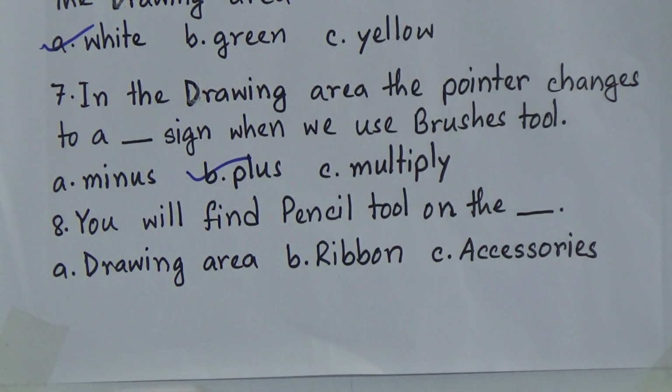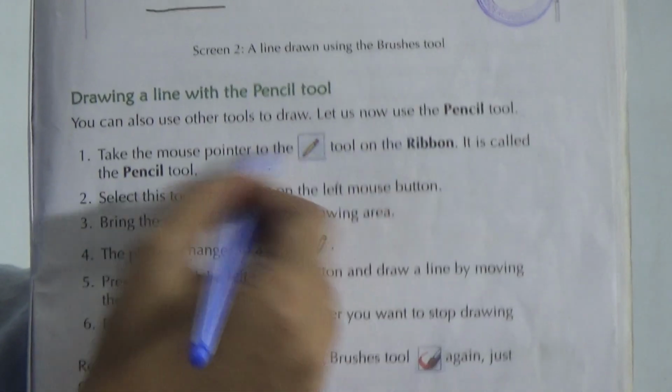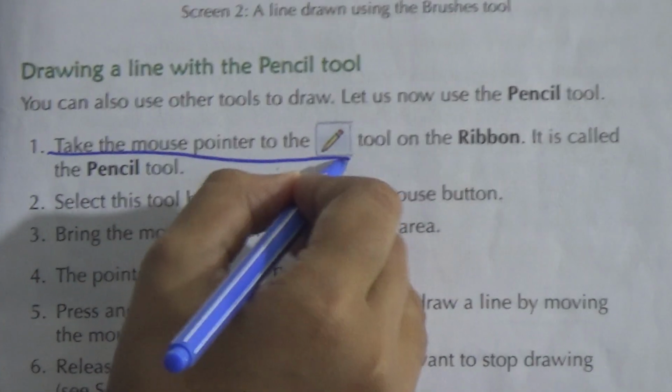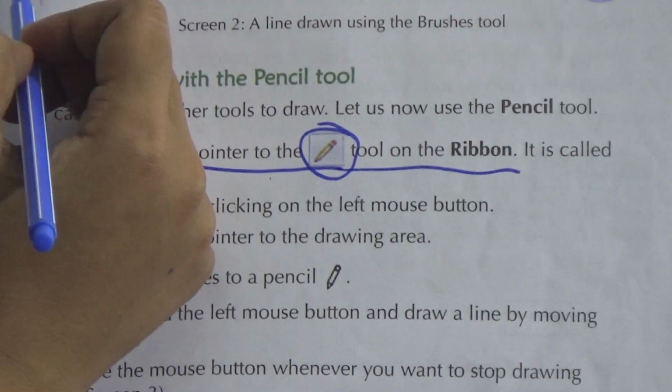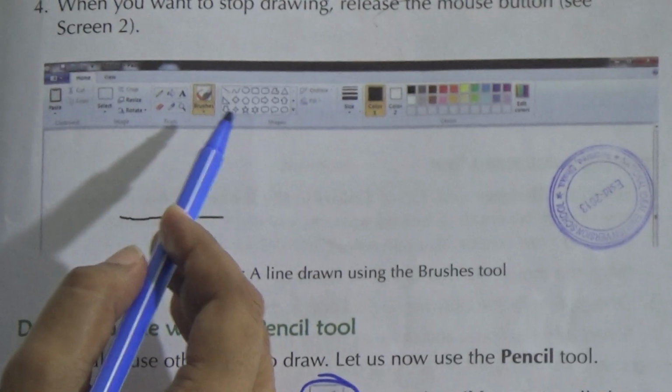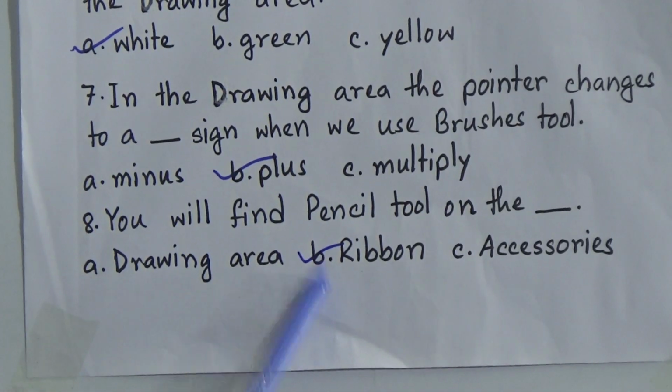Now look, page number 35, this is the pencil tool. Take the mouse pointer to the tool on the ribbon. This tool is on the ribbon. Here you will find the pencil tool in this ribbon. So our answer will be option B. We will find the pencil tool on the ribbon.